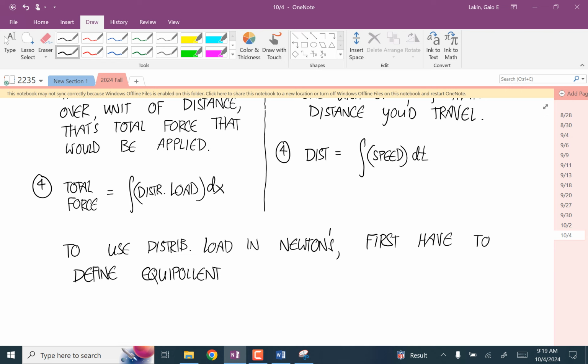So an equipollent system is always for a rigid body, and it says it's a different collection of loads, but a collection of loads where the behavior is the same.